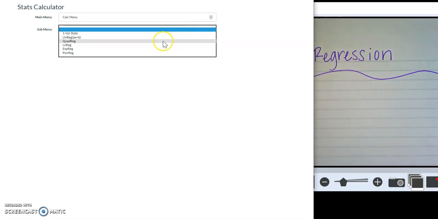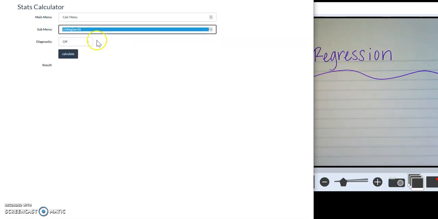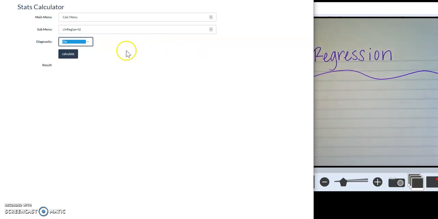You can see that we could do a quadratic regression, which would be a parabola of best fit, and we could do an exponential regression, which would be the curve of best fit, and we will be doing those, but we're going to stick with just linear regressions today. So we're doing a line of best fit. I'm going to click on that. I want to turn the diagnostics on, and I'll explain that in just a second. Then you click calculate, and here is all the information you need.